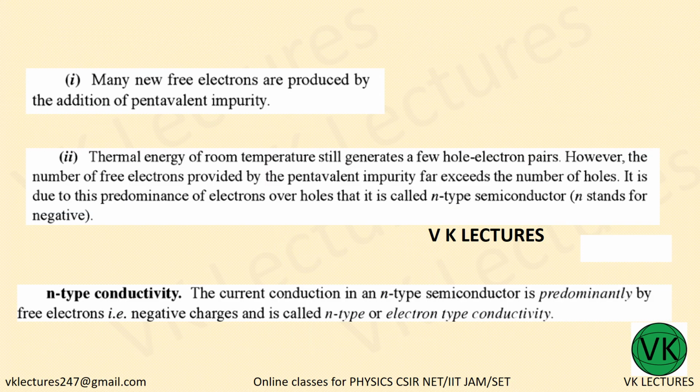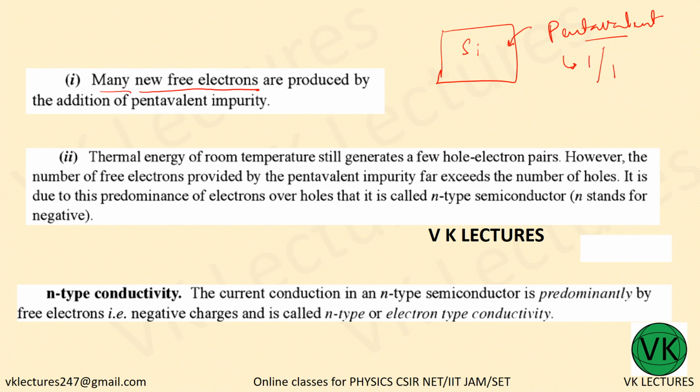Here are a few notes. Now, what are the notes? Many new free electrons. If you have a pure silicon crystal, and I add a pentavalent impurity, this will be 1 in 1 million. That means out of 10 to the power 6 atoms of silicon, there will be only one pentavalent atom.